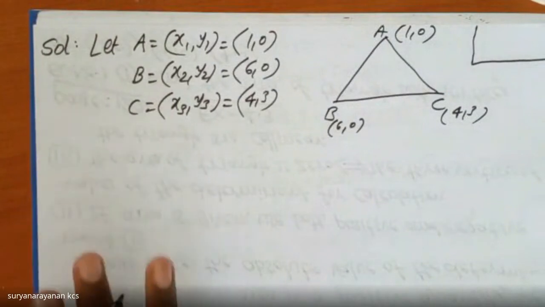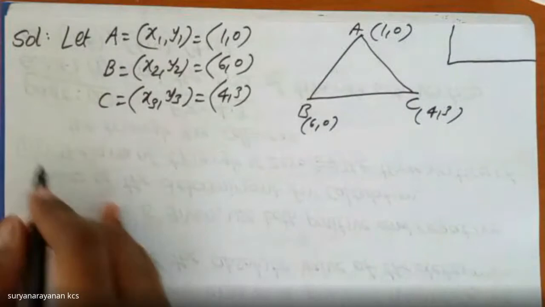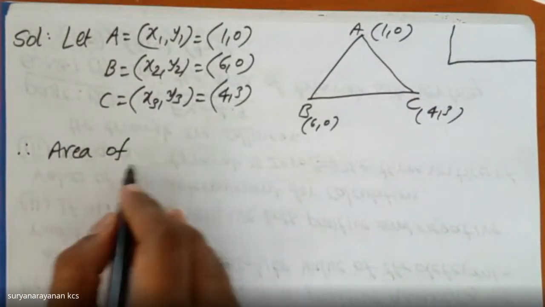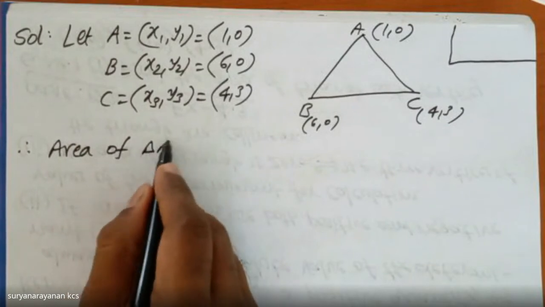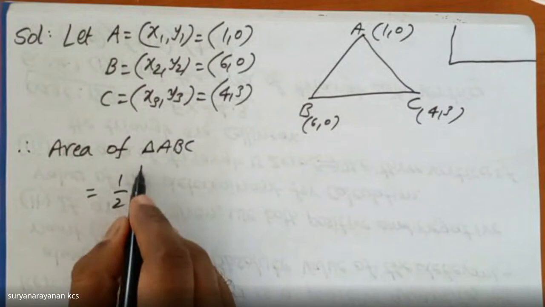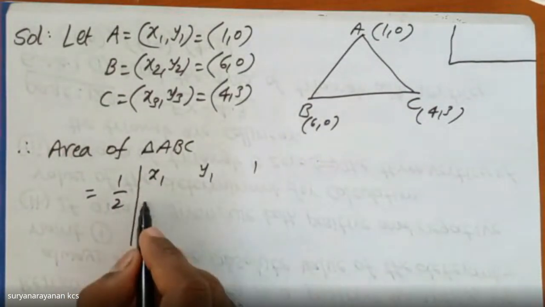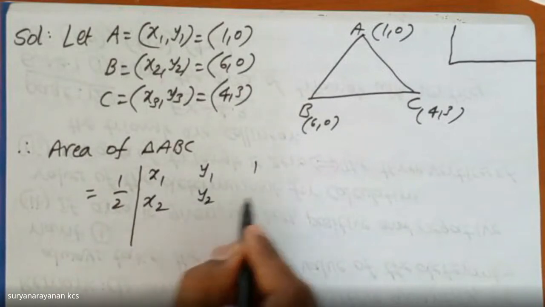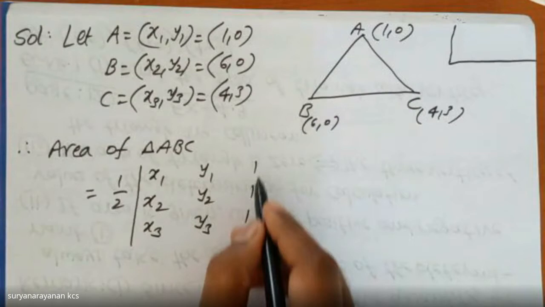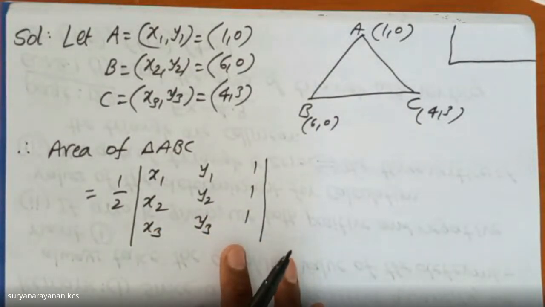Now we have to remember the formula for the area of a triangle. Therefore, area of triangle ABC is equal to 1 by 2 times the determinant with first row x1, y1, 1, second row x2, y2, 1, third row x3, y3, 1. That's all. This is a simple formula to remember.